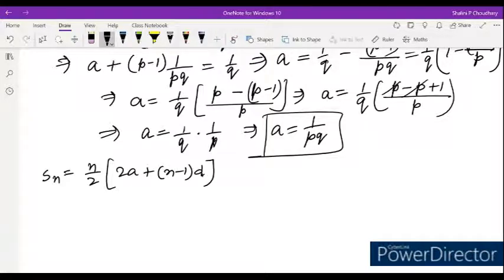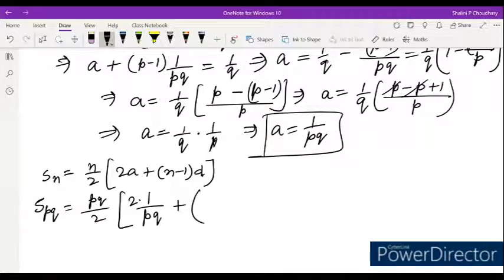Now the value of n we know, that is pq. S pq will be equal to pq upon 2. Now the value of a we know is 1 upon pq, so 2 into 1 upon pq plus (n is pq minus 1), and d is equal to again 1 upon pq.